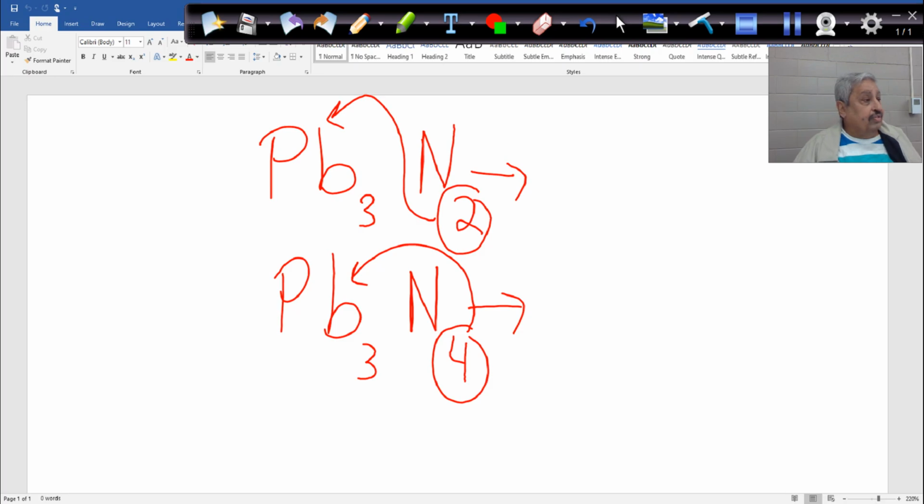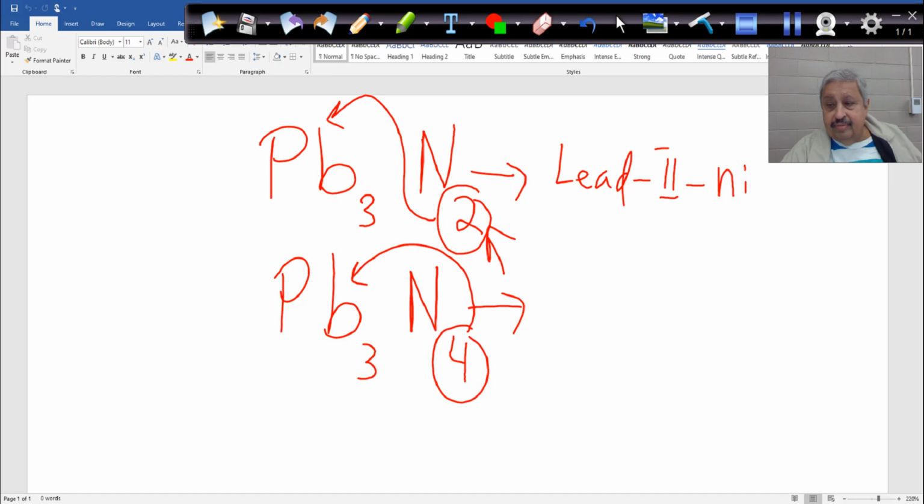So anytime I have an element that has multiple charges, I have to introduce a Roman number. So that will be lead, and then the 2 is here, and this is N, nitrogen, adjusted will be nitride.